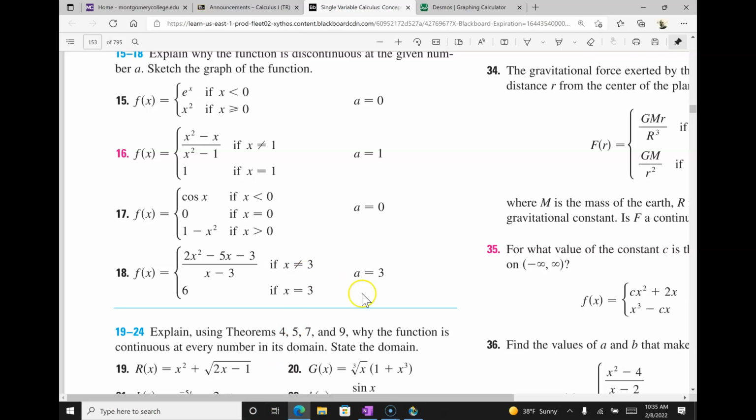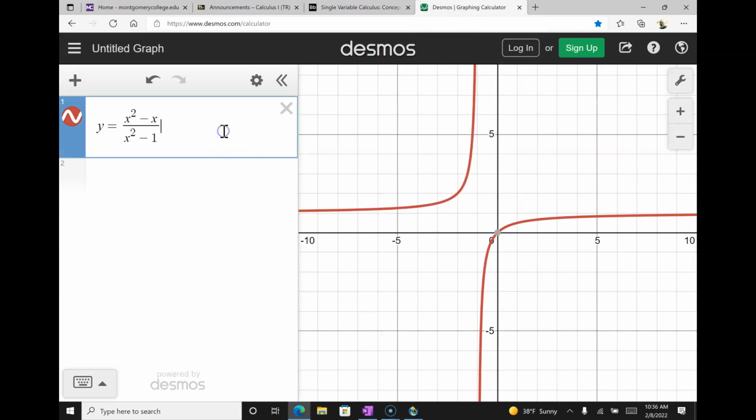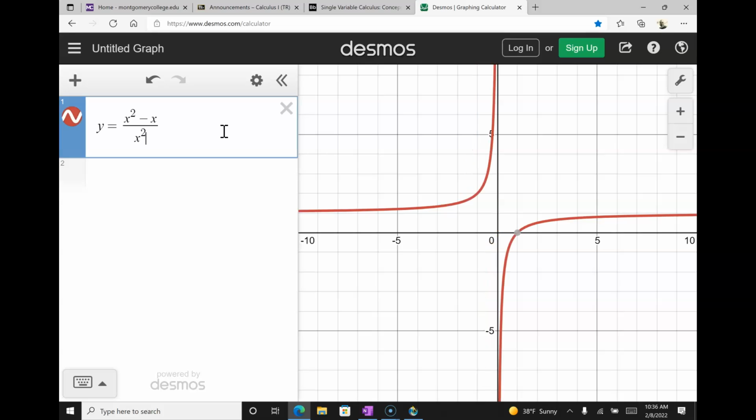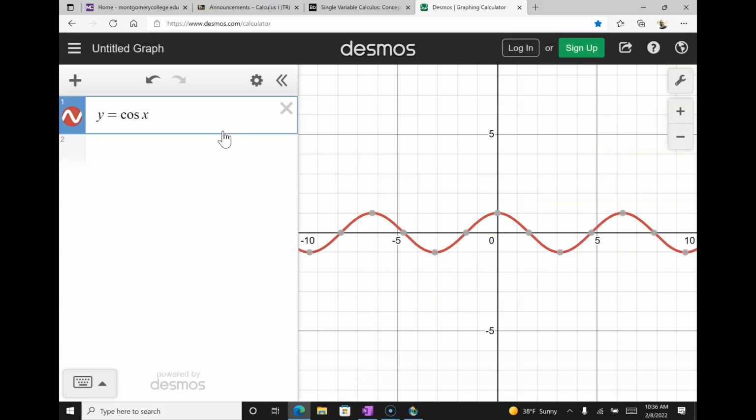Let me show you that one on Desmos, okay? Cos of x if x is less than 0. So I do cos of x, space, curly bracket, x less than 0.